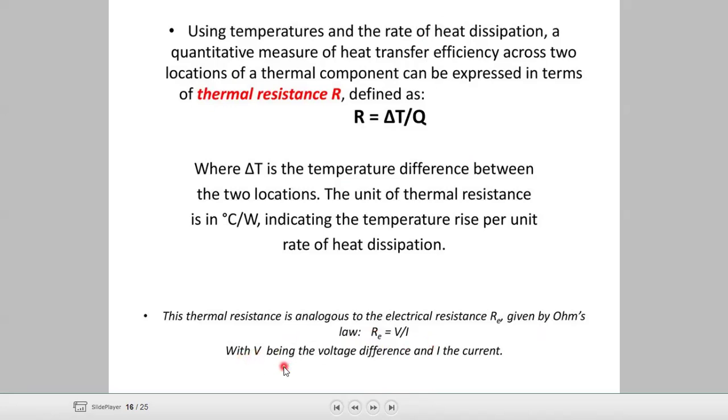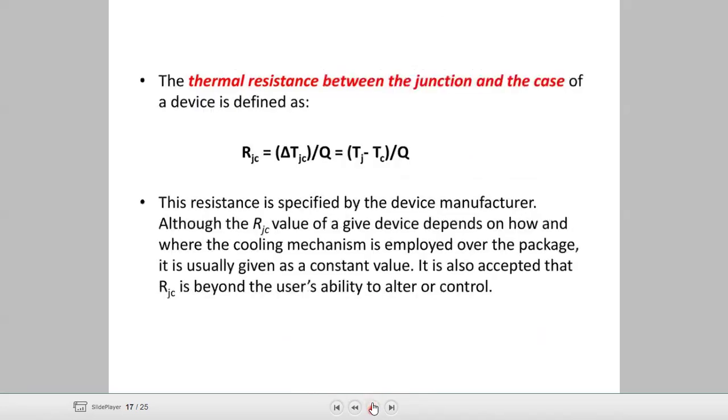Here V represents voltage difference and I is the current. Thermal resistance between the junction and the case of the device is defined as this, the junction and case. We have already seen junction to case: the temperature difference Tj minus Tc divided by Q. Suppose this resistance is specified by the device manufacturer.